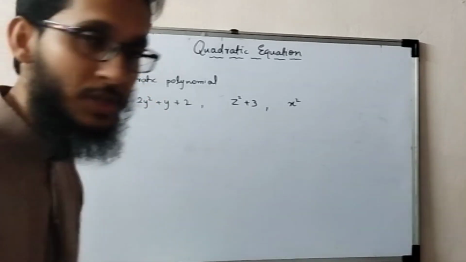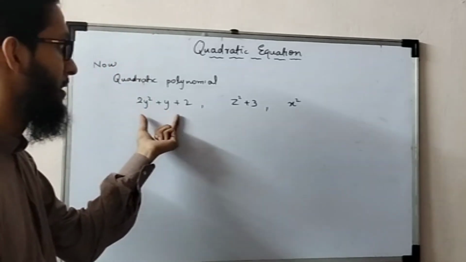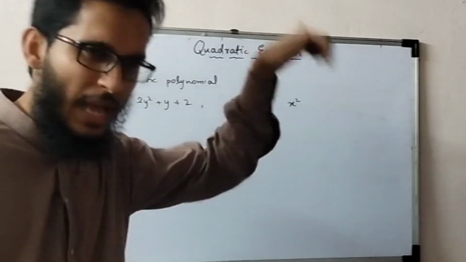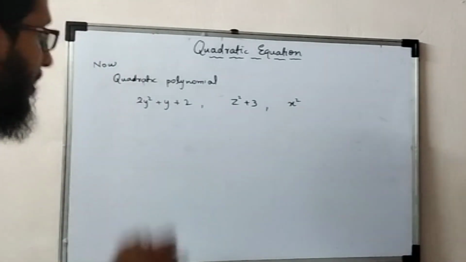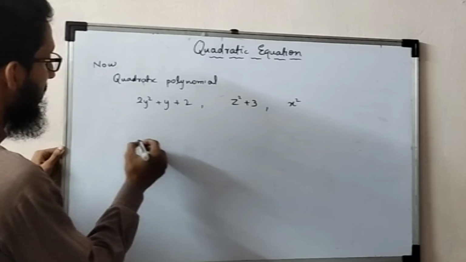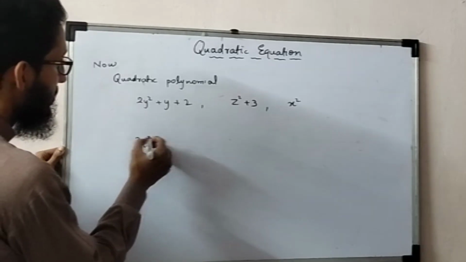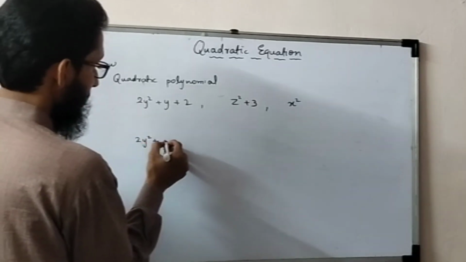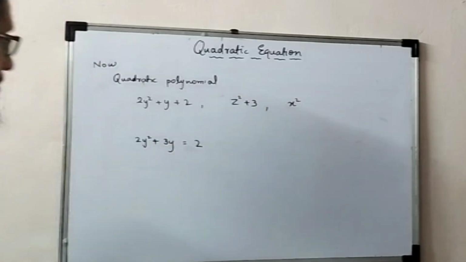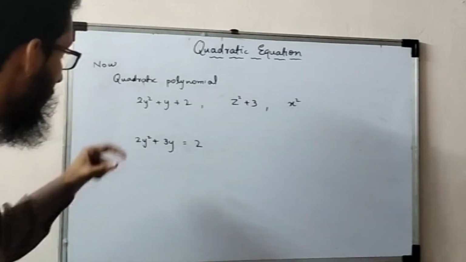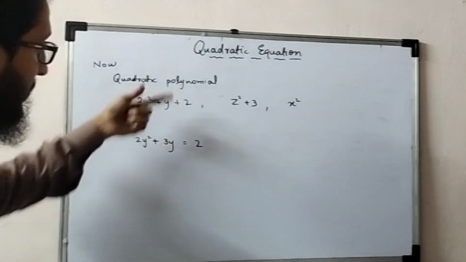Then what is a quadratic equation? If you equate this polynomial to any number, or anything, if there is an equal sign, for example you have 2y square plus 3y is equal to 2. What are the differences between these two?